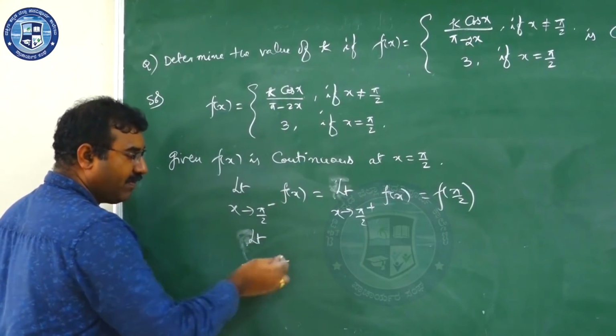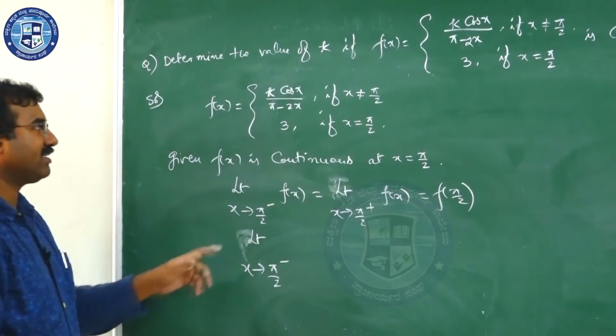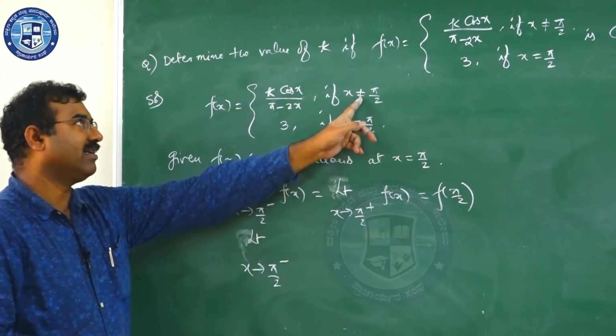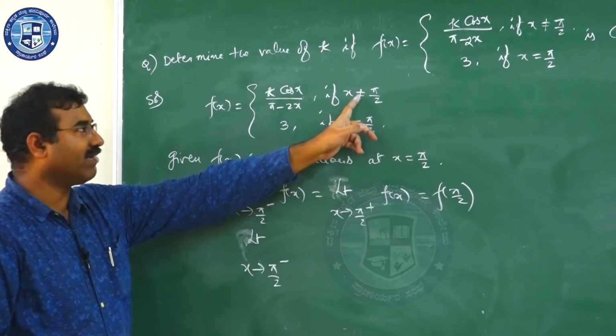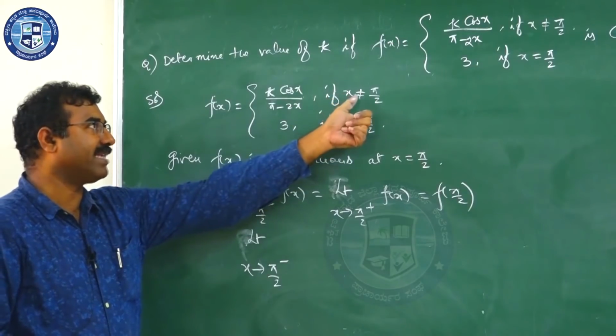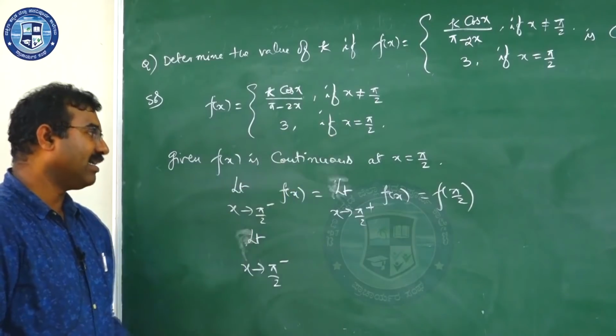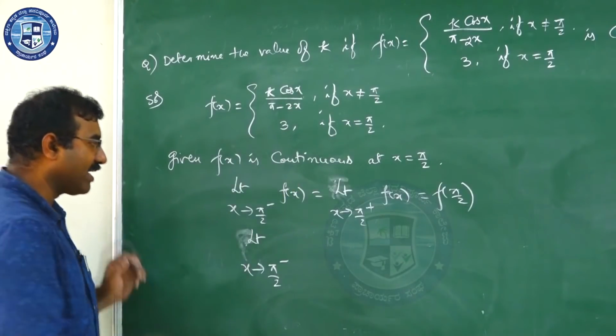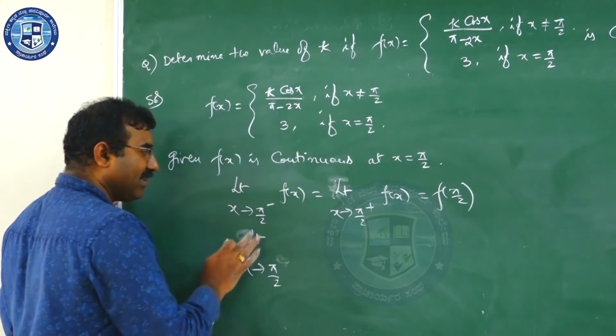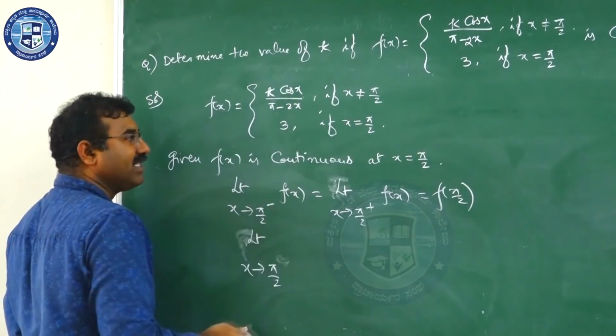Here x is not equal to pi by 2 is given. That means when x is less than pi by 2 or x is more than pi by 2, it is the same thing. That means you can work out a single limit here. You don't need to work out left hand and right hand limits in this place.